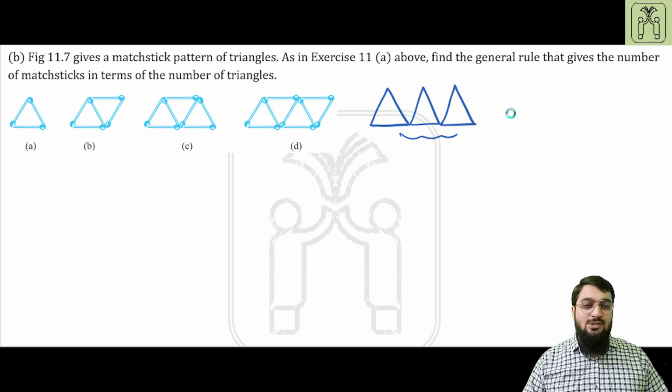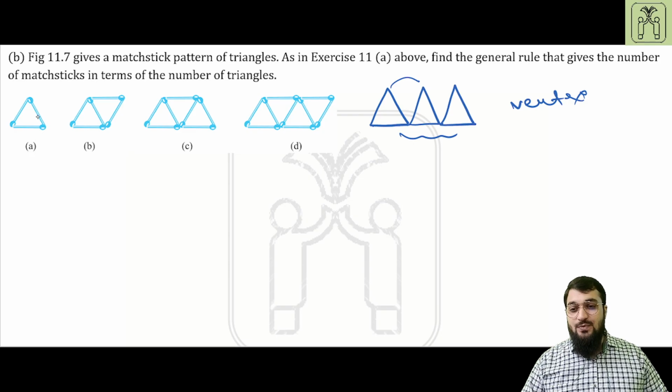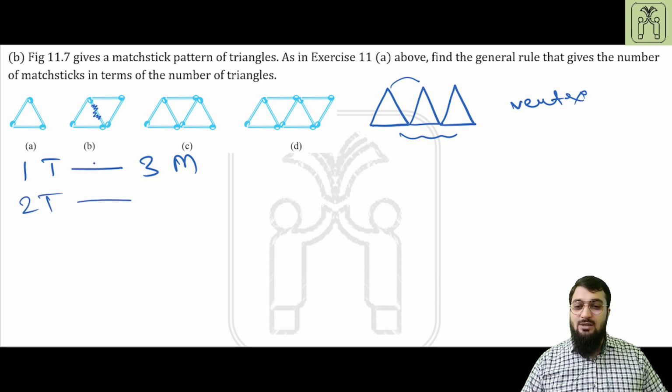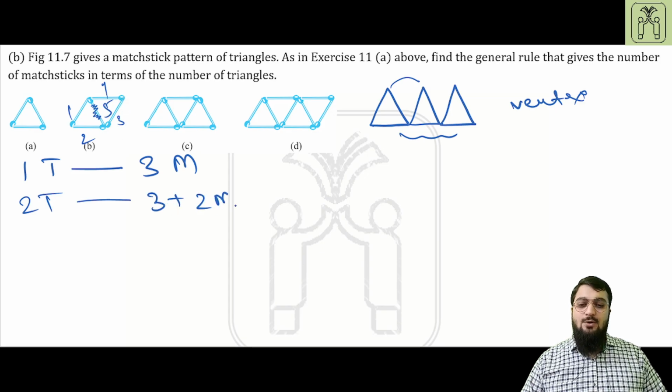Because the vertices were used, both of them were joined, and therefore one triangle will take 3 matchsticks. Over here you can see that two triangles are taking 1, 2, 3, 4 and 5, a total of 5, so that is 3 plus 2 matchsticks.